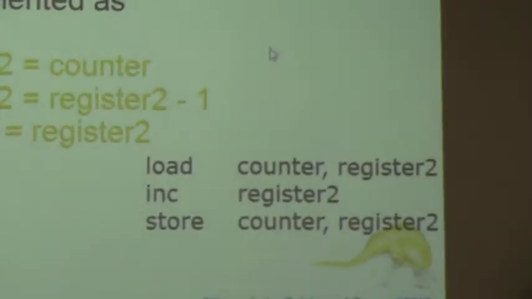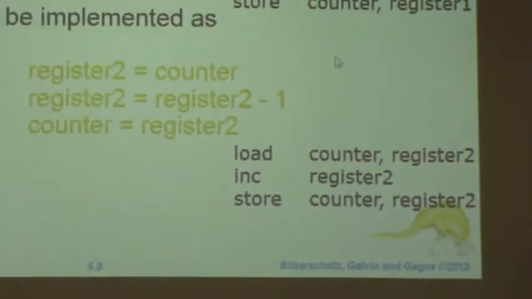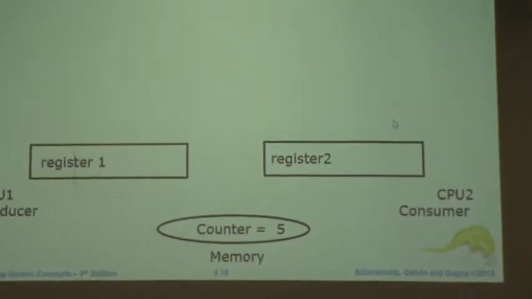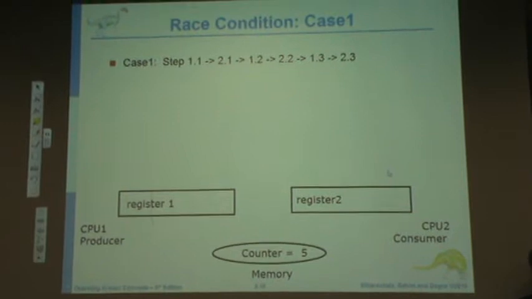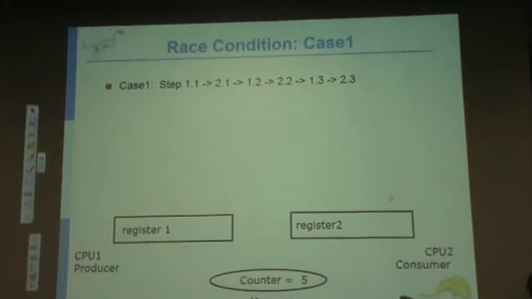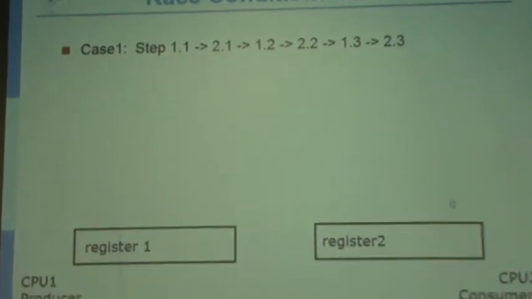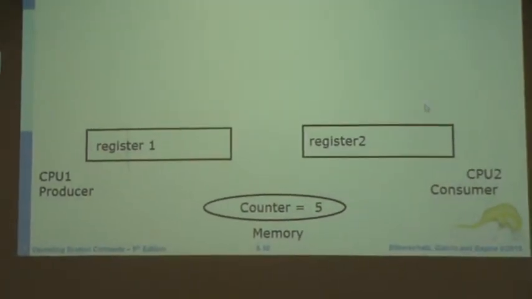Depending on how we execute such instructions, the output is not guaranteed. For example, there are 3 cases. Case 1 is we execute one instruction from the producer, then another from the consumer, then producer and consumer, producer and consumer.